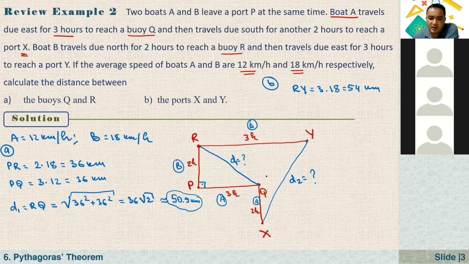Right? So now if I draw this, extend this line, and it's somewhere here. What is this distance? This distance is equal to PQ, which we have already defined, that's equal to 36 kilometers. This distance should be the remaining part, that is 54 minus 36, which is 18 kilometers.